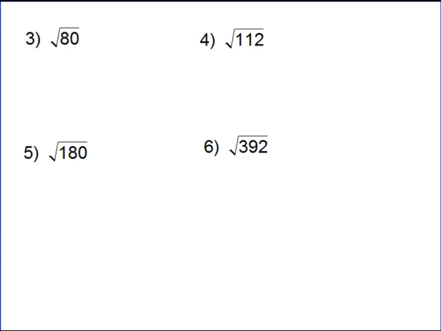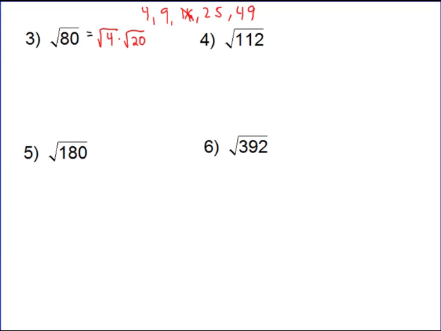All right, so let's look at some more examples. Square root of 80, well, again, your numbers that you're concerned about are 4, 9, 16, and 25. Nope, not 16. 4, 9, 25, and 49. Well, if you look at this, 4 goes into 80 20 times. Now, some of you might be tempted to write the answer as 2 times square root of 20, because square root of 4 equals 2.